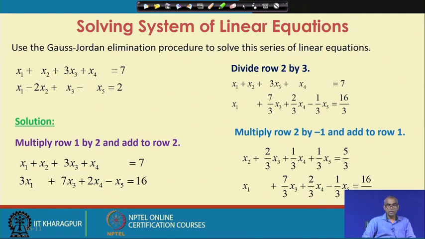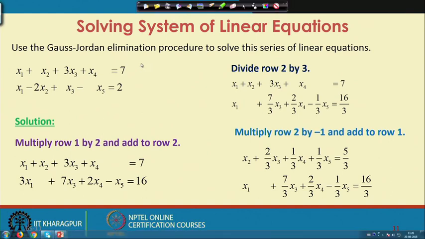So, let us consider an example: x 1 plus x 2 plus 3 x 3 plus x 4 equal to 7, x 1 minus 2 x 2 plus x 3 minus x 5 equal to 2. So, I have two equations and the number of variables is 5: x 1, x 2, x 3, x 4 and x 5.